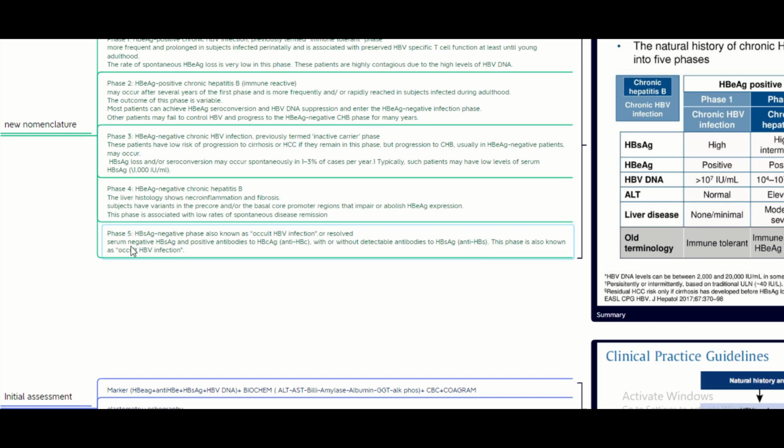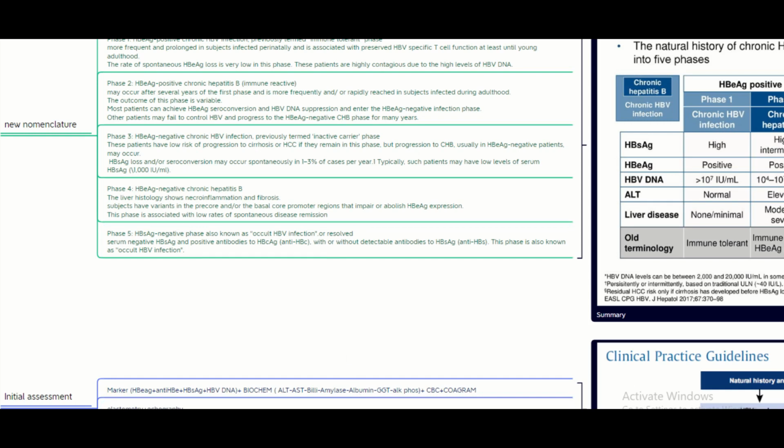We only need to know that the patient might or might not have anti-HBs antibodies, and they will have negative HBs antigen.